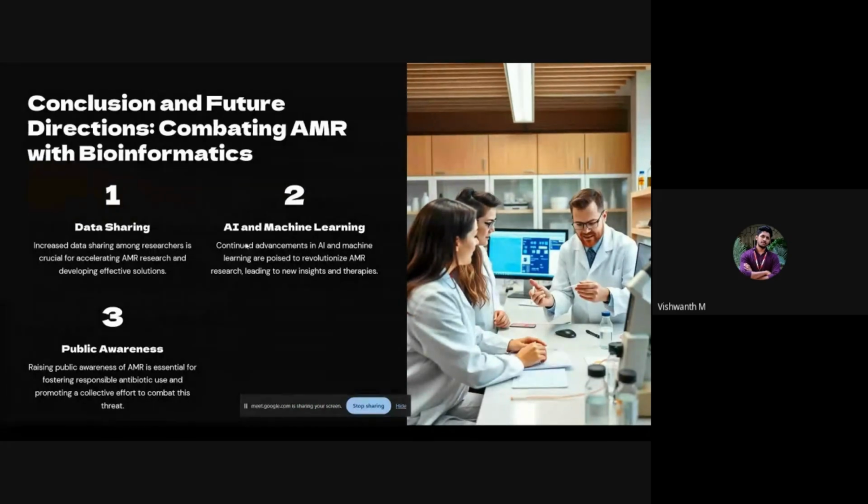Increased data sharing among researchers is very crucial for accelerating AMR research, and it will speed up finding effective solutions too, along with continued advancements in AI and machine learning. These advancements are already occurring, but we have to focus more on antimicrobial resistance. Continued advancements will revolutionize AMR research, leading to a lot of new insights, therapies, and better treatments.